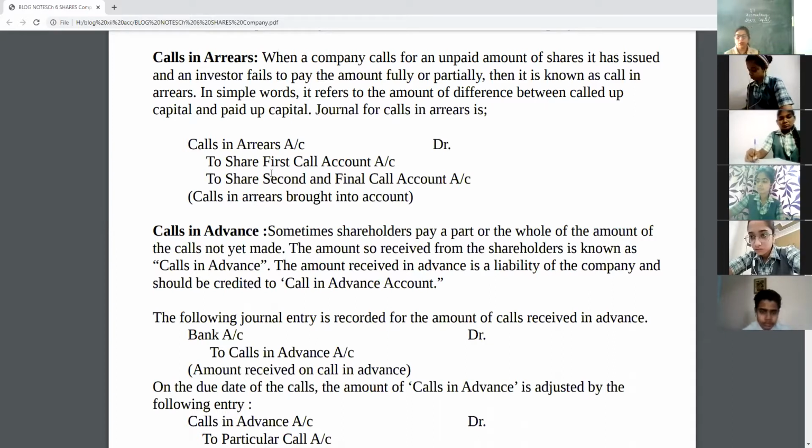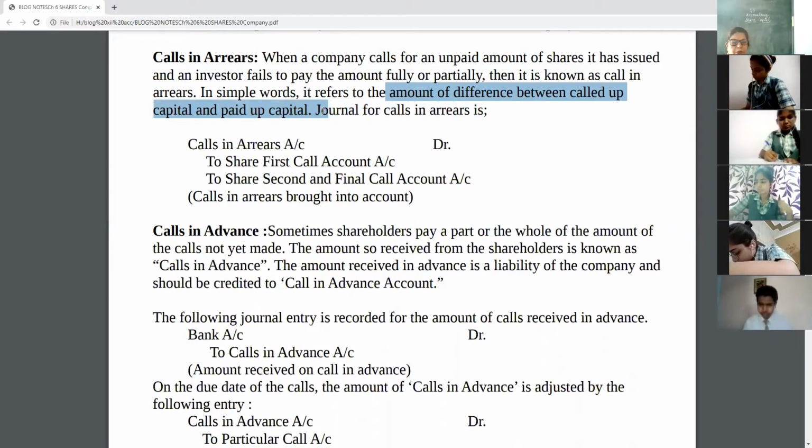Now you can note down this term. This term is in the fill in the blank. You can see the sample paper. What is the term that refers to the amount of difference between called up and paid up capital.